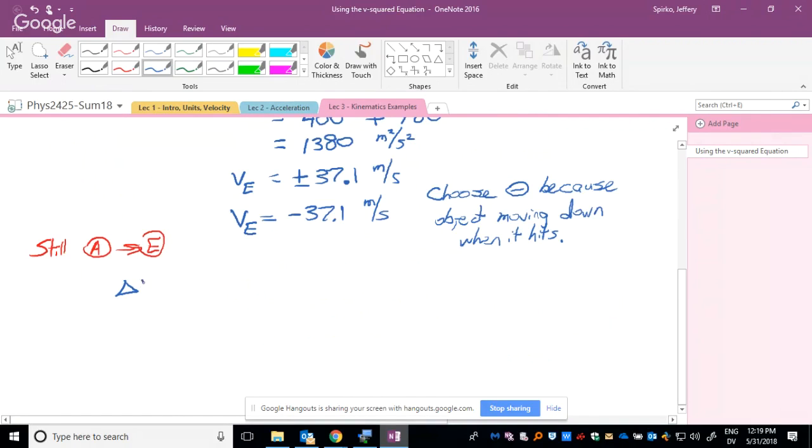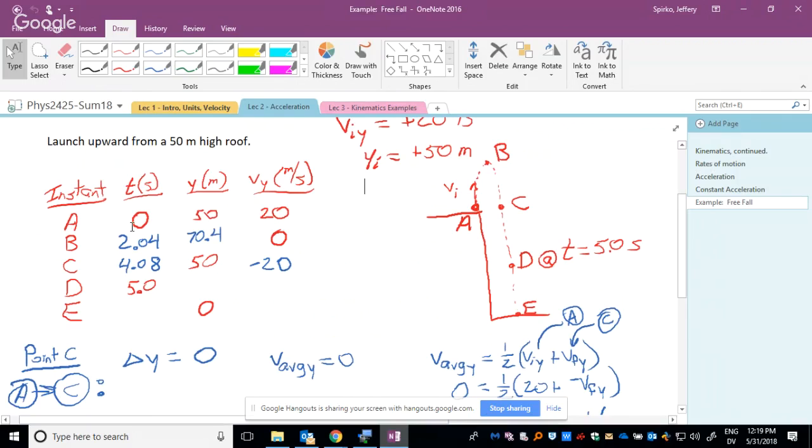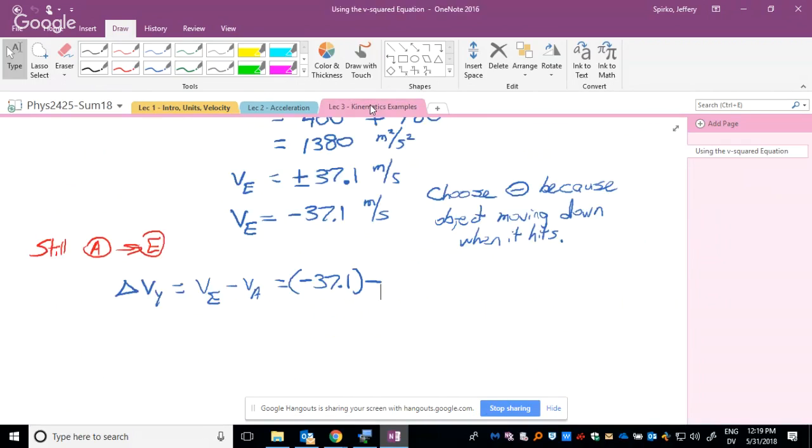We have our delta Vy is V at E minus V at A. And we just figured out the V at E is minus 37.1 minus, and I'm going to flip back to the other page, look up our velocity at point A. Our velocity at point A was plus 20, so we can go back over here.